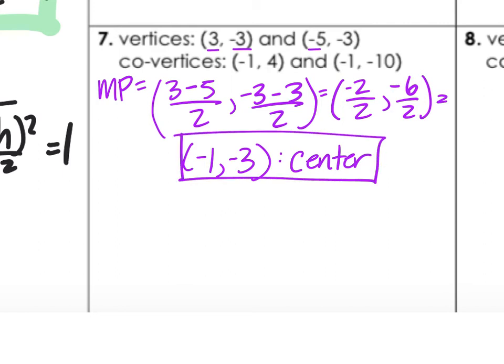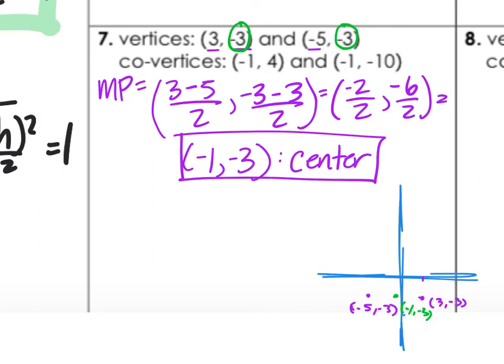And now we can use our vertices points and our co-vertices points to find a and b. So notice how the y of the vertices doesn't change. If you throw it onto a coordinate plane, you can see here that since the y doesn't change, it's the x's that shift from the left to the right.